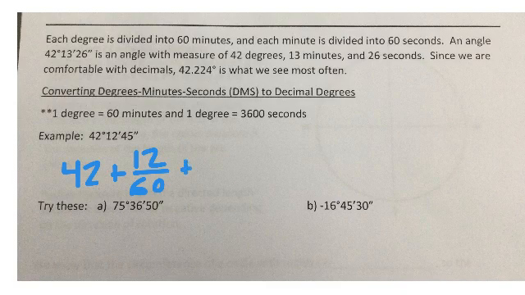And then the last part is seconds. There are 45 seconds. So we would put that 45 over 3,600 because it'd be 60 minutes times the 60 seconds, which would be 3,600. So again, I know that y'all would probably put those in your calculator instead of finding a common denominator, right?